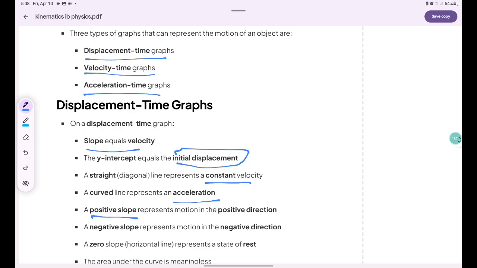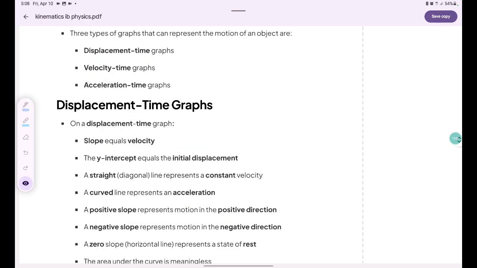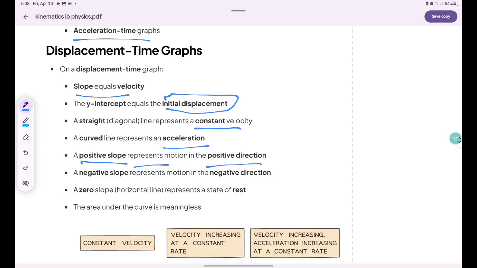A positive slope represents positive direction. A negative slope represents negative direction. A zero slope, a horizontal line parallel to the horizontal axis, represents a state of rest. The area under the curve is meaningless or has no value.